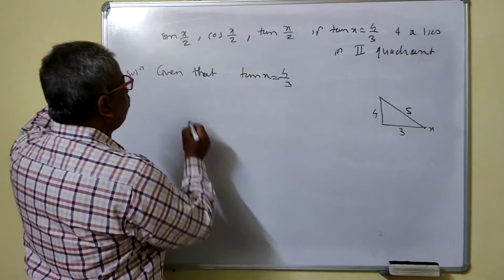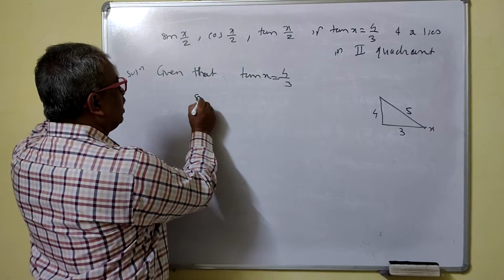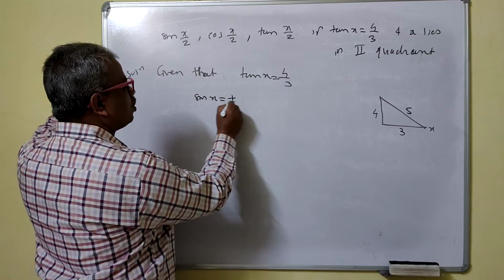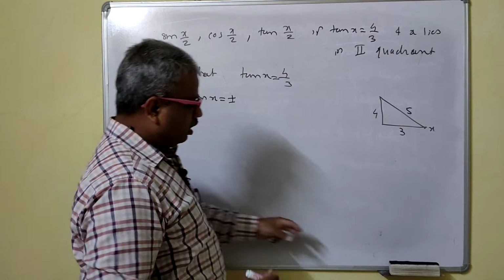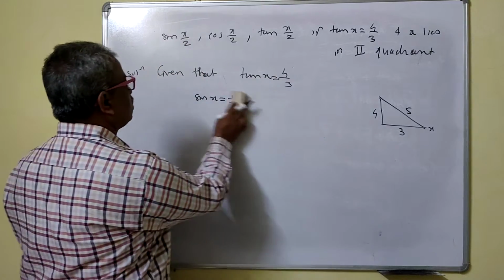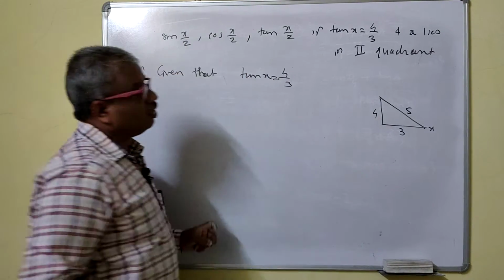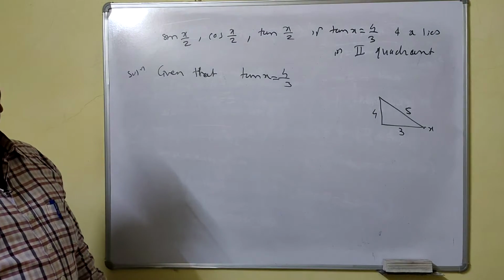So what will be your sin x then? Your sin x is plus or minus. It is in the second quadrant, so in the second quadrant sin x is positive and cos x is negative.